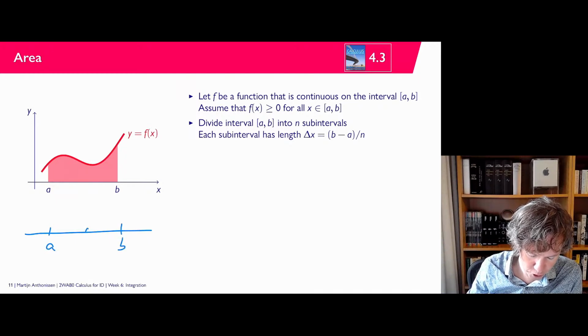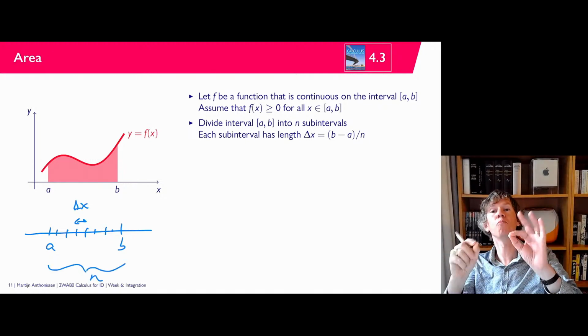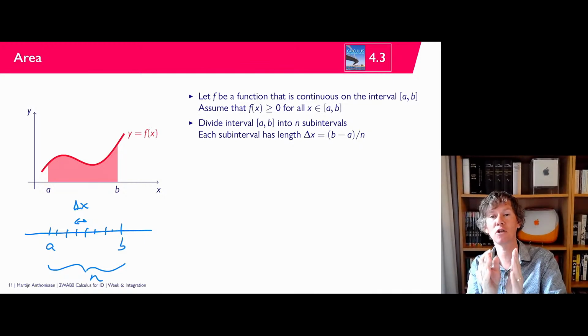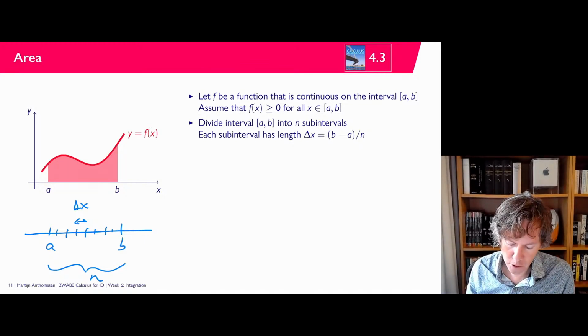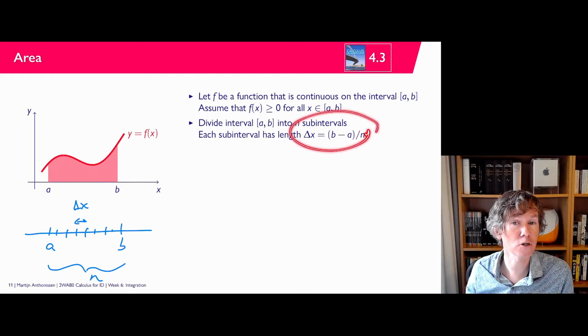We're going to cut it in equal bits. There's going to be n of those sub-intervals. And now every sub-interval has length delta x. So that means that delta x is the total length b minus a over n.